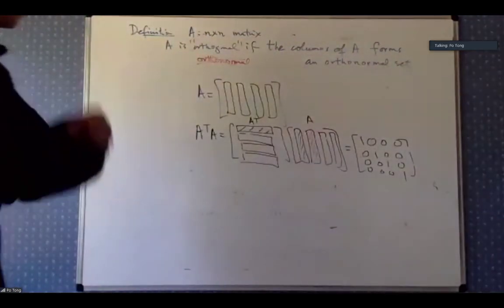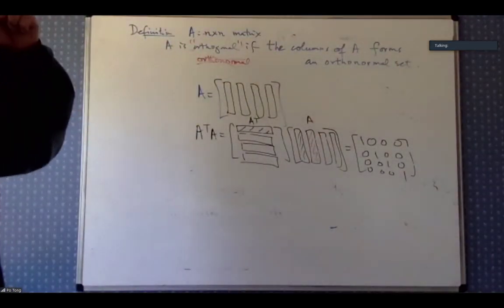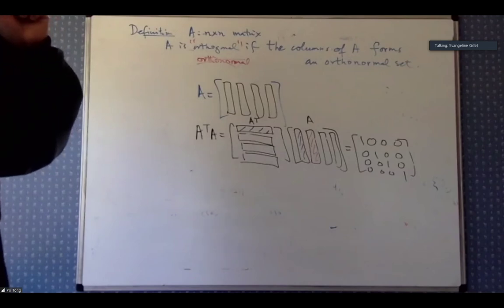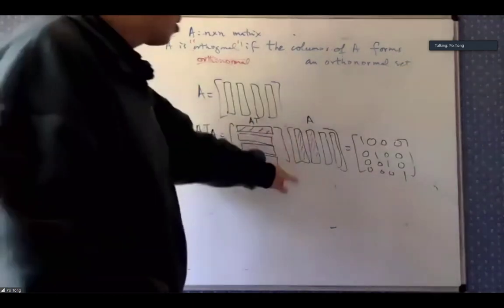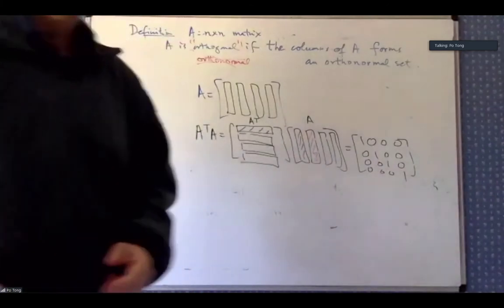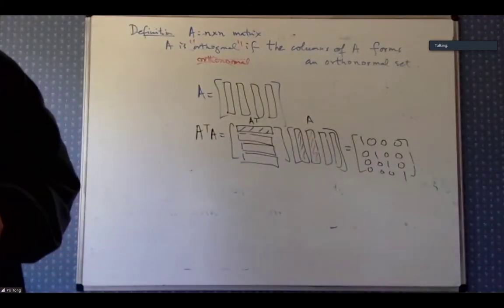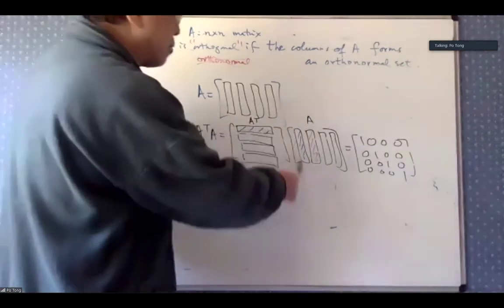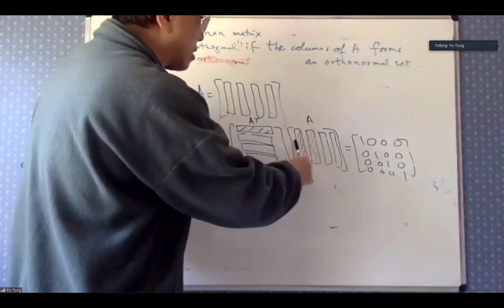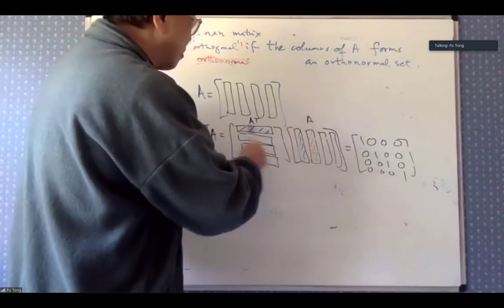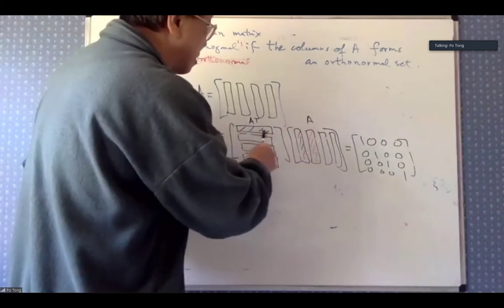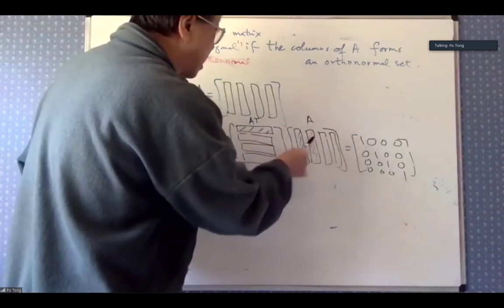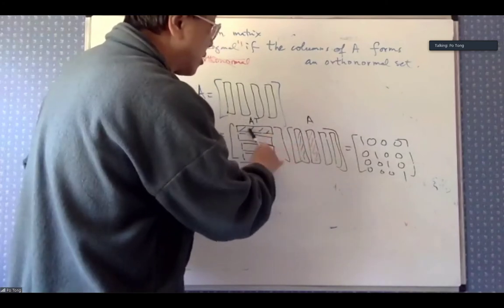Can you see that? How do you get 0? Because these two columns are perpendicular to each other. All the columns are perpendicular to each other. So perpendicular means the dot product of these two equals 0. But this is just this guy times this guy, multiplying corresponding entries together.